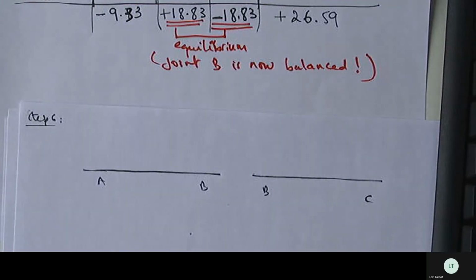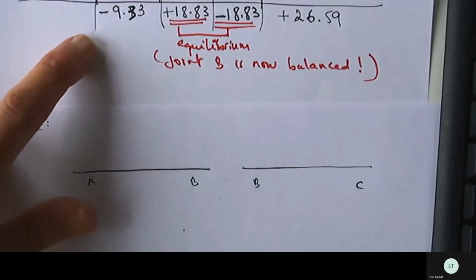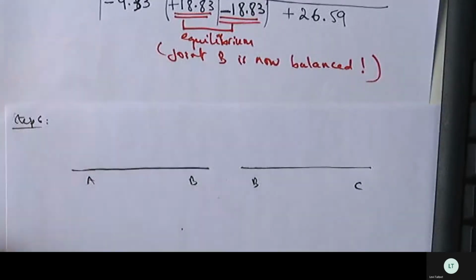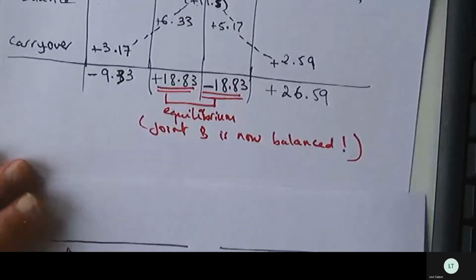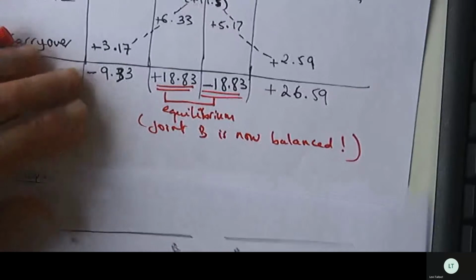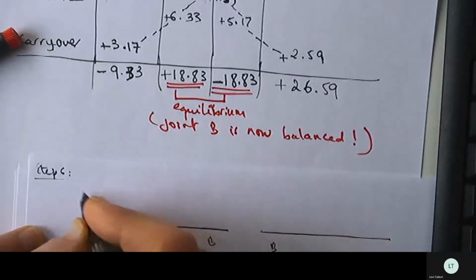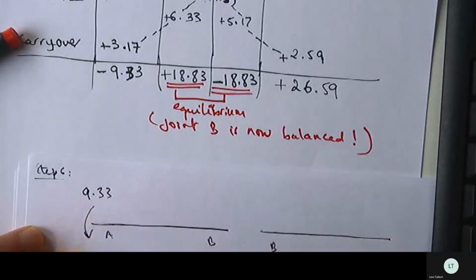Can I get attention? Now, at joint A, please, can you see, what do we have at joint A? We have minus 933. What does it mean, minus? Clockwise or anti-clockwise? Exactly. So at A, we have anti-clockwise 933.